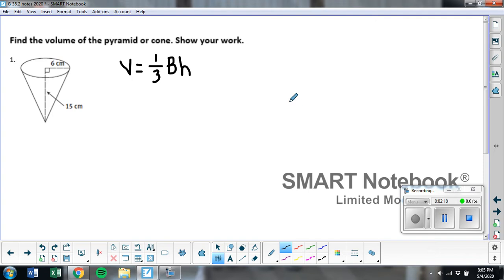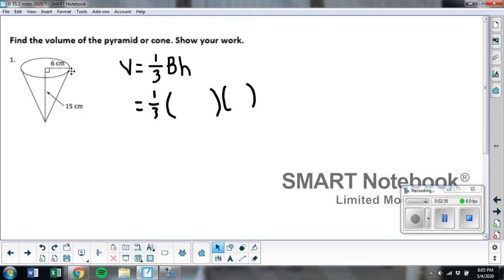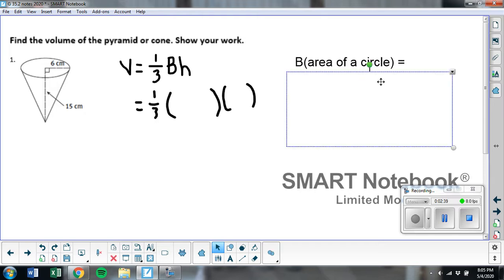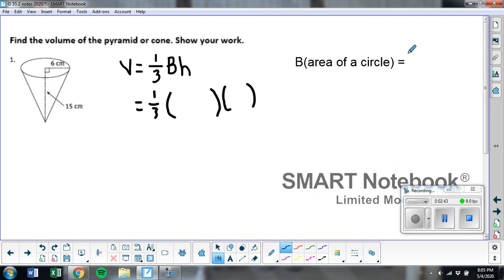Number 1, find the volume of the pyramid or cone, show your work. So always start with the formula. And then we're going to go ahead and find capital B and H, the height. So capital B, what is the shape of the base? It's a circle. So area of a circle, what's the formula?